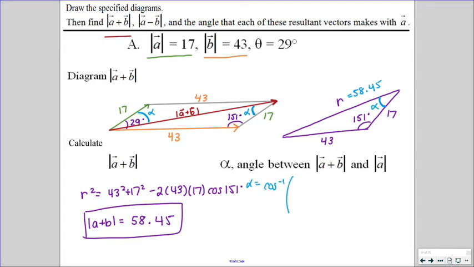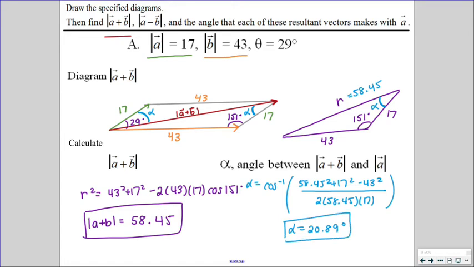So alpha is equal to the inverse cosine of 58.45 squared plus 17 squared minus 43 squared, all over 2 times 58.45 times 17. And I just type that into my calculator, and we're going to get something like 20.89 degrees. There we go.